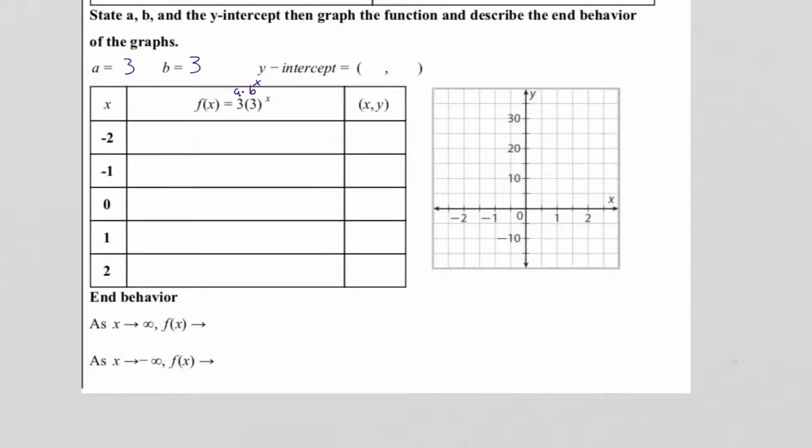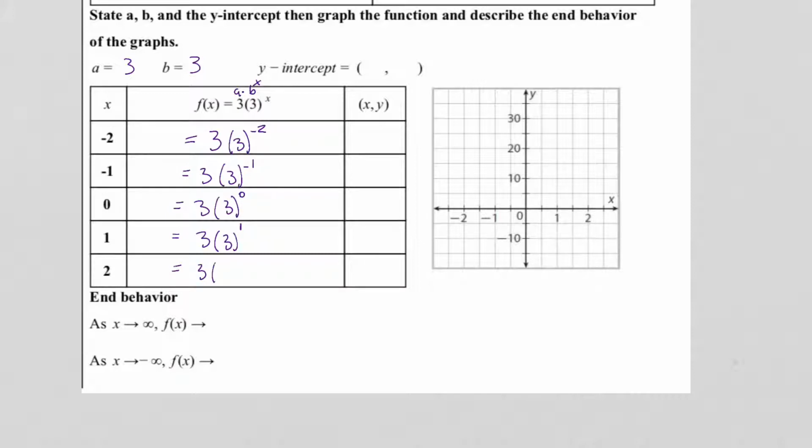So we know we're going to take 3 times 3 to the negative 2. And then we're going to do 3 times 3 to the negative 1. And then 3 times 3 to the 0. And then 3 times 3 to the first power.